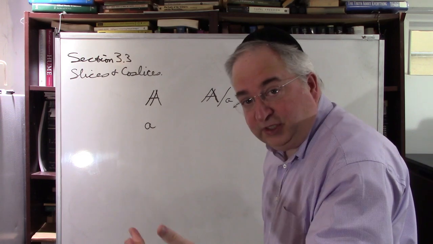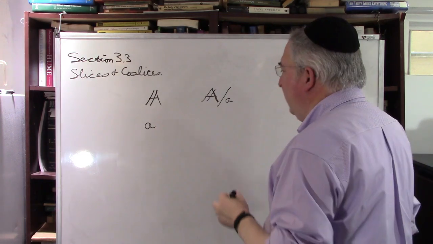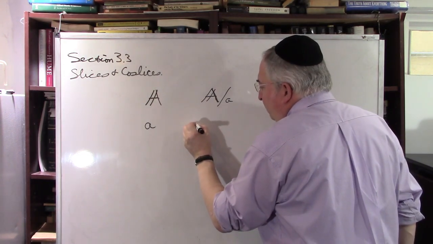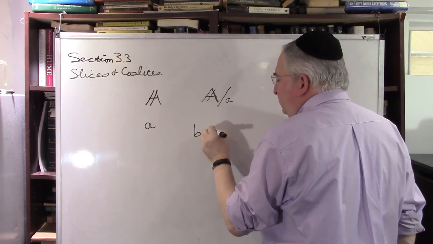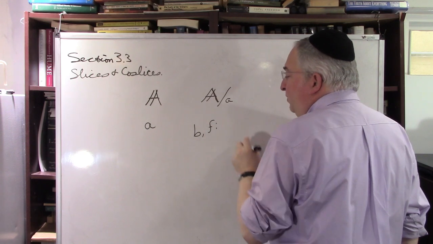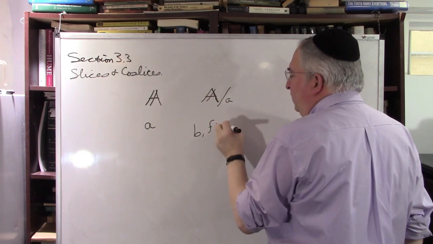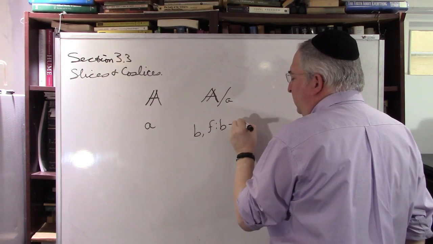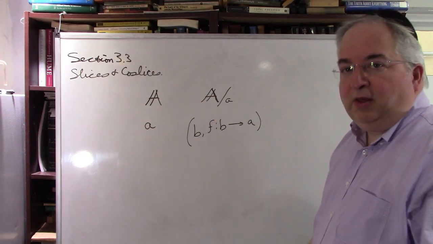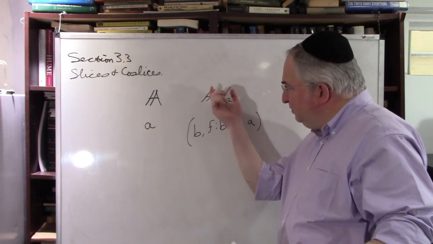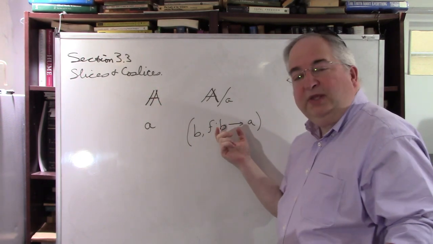The objects are very simple. They're pairs (B, f), where B is an object in A, and f is a morphism from B to a. These are the objects in here. The main thing is, the morphisms in the original category become the objects in the slice.